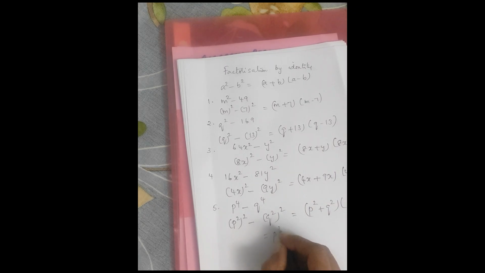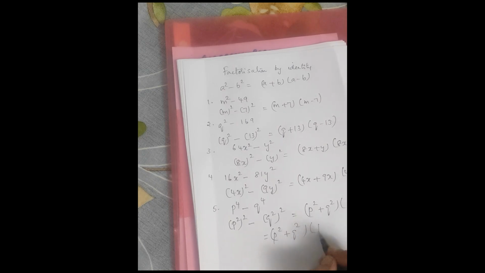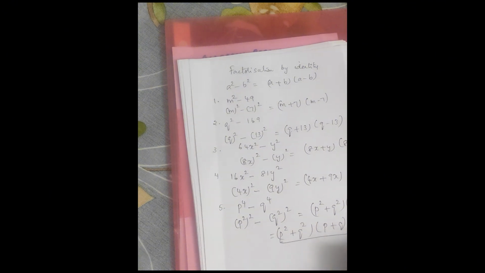The term p square plus q square we cannot factorize, but the second term we can: (p plus q)(p minus q). This is the identity, p square minus q square. If the power is 4, we can do it this way.